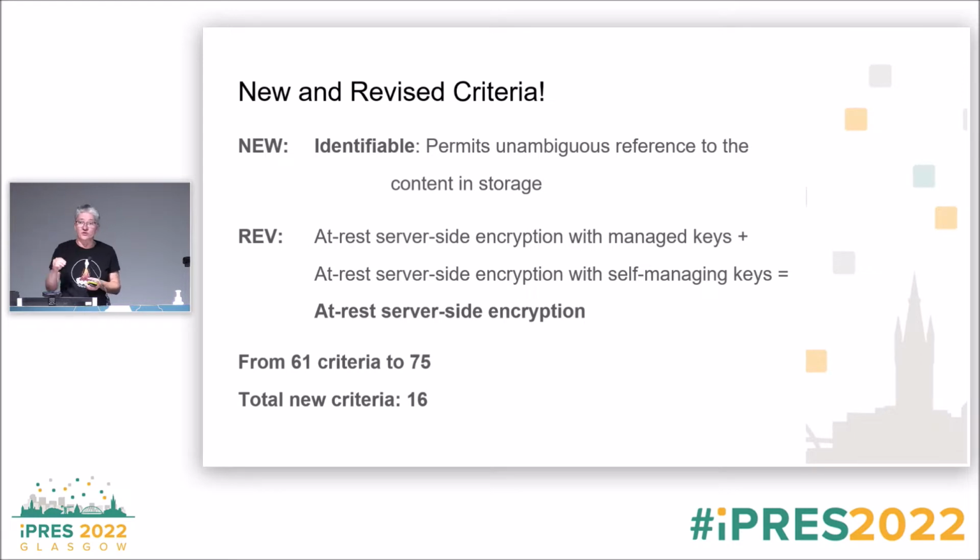So we merged those together, not to get too many criteria. But it did raise from 61 criteria to 75, but it's good criteria. And the total of new criteria that we found was actually 6. It did give a lot to go through those standards.